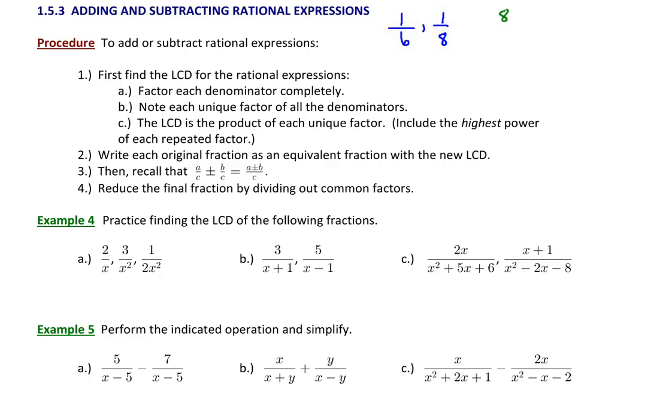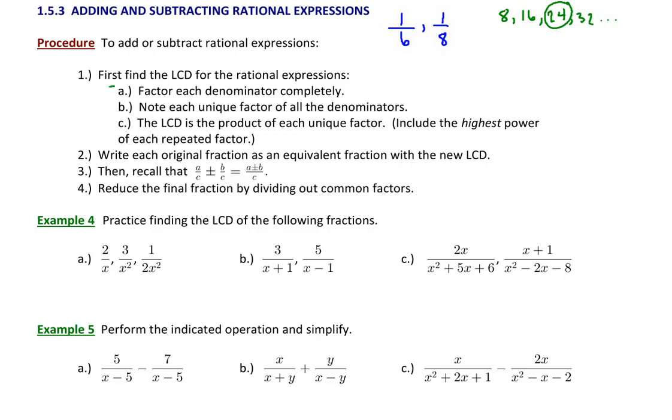So 8 times 1 is 8, 8 times 2 is 16, 8 times 3 is 24, 8 times 4 is 32, and then we identify which one of those multiples is also a multiple of 6. In this case, 24 is the lowest common multiple, so it would be our lowest common denominator.